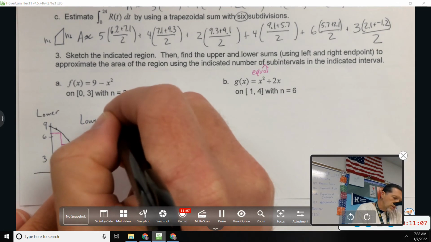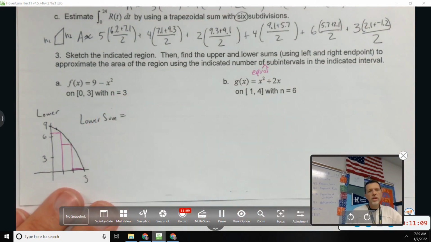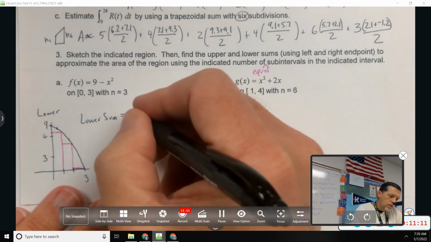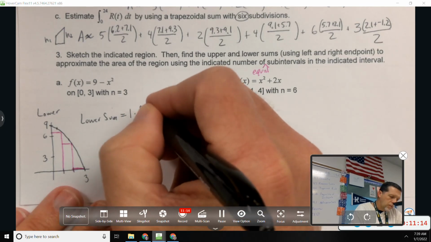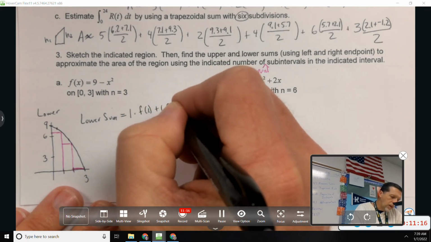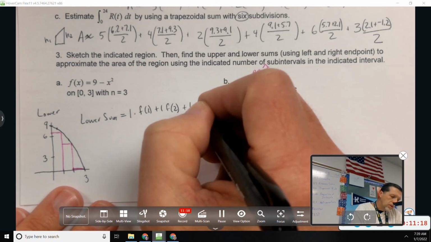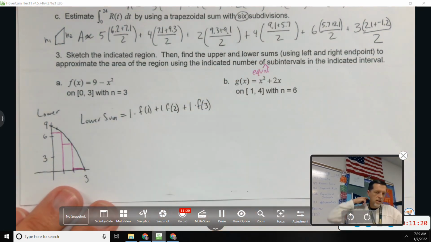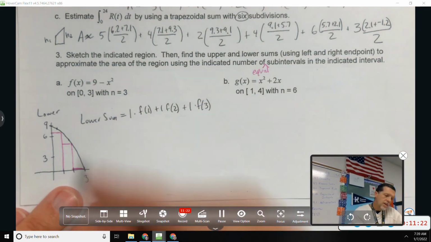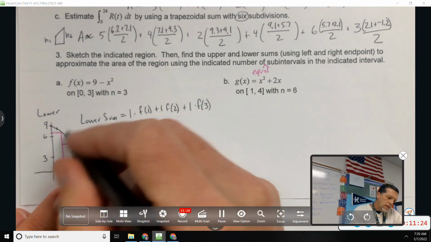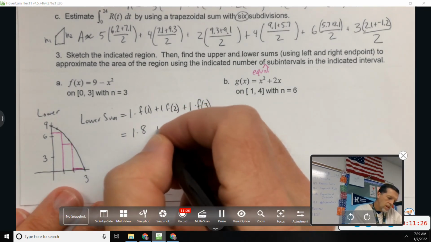So lower sum equals width times f of 1 plus width times f of 2 plus width times f of 3. F of 1 is 8.